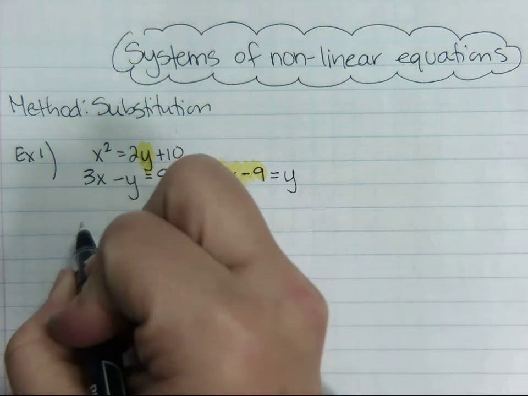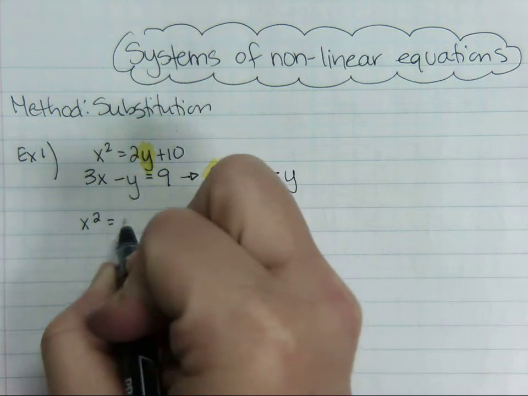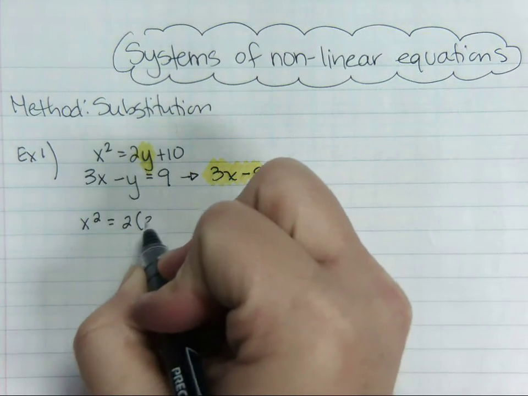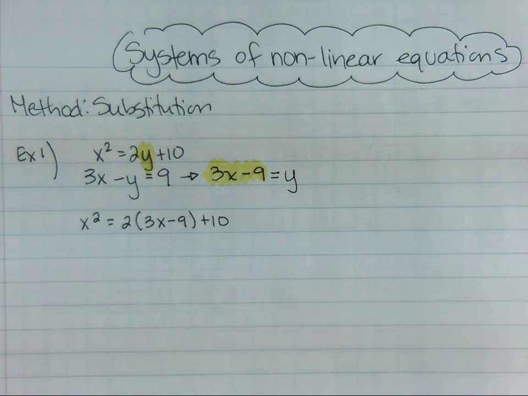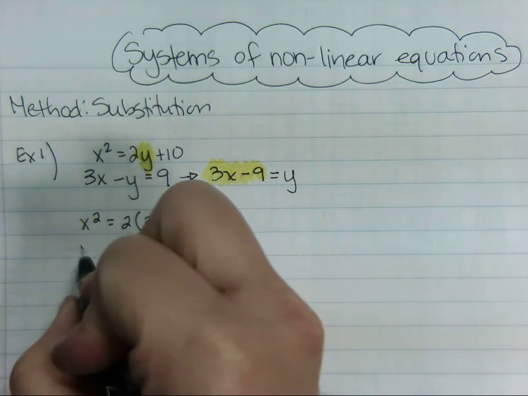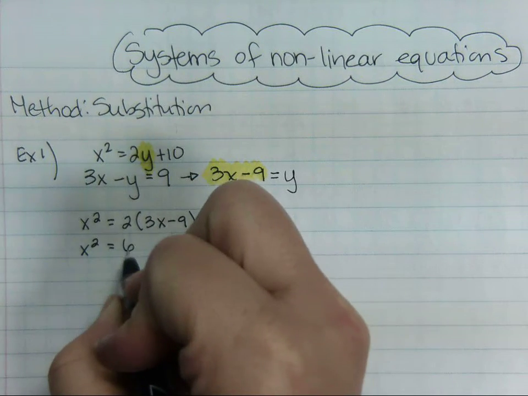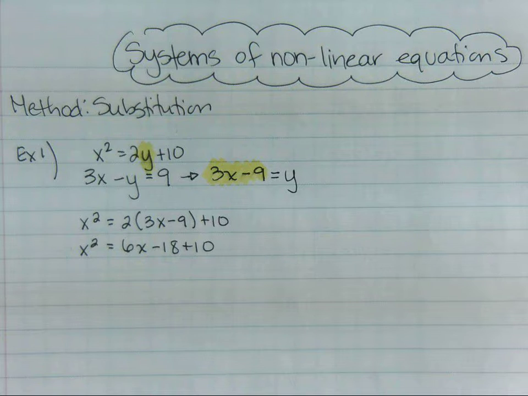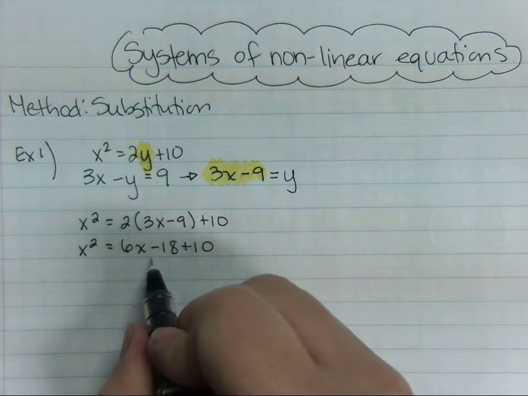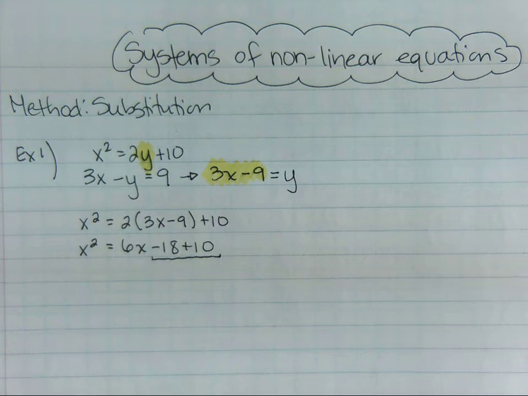So now I'm going to go into the first equation, and I'm going to substitute for y. And we can see that I'm going to end up with a quadratic because I have an x squared term. And so I'm going to want to move all of my terms to the other side. Again, these two right here are like terms.